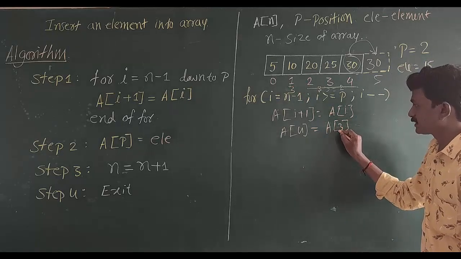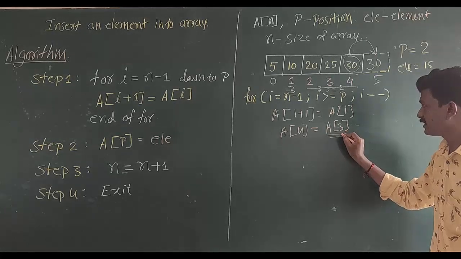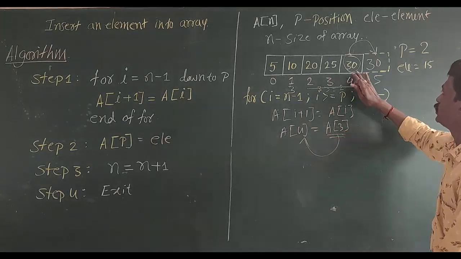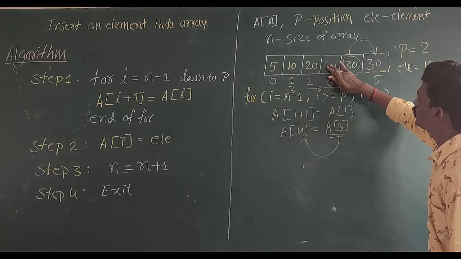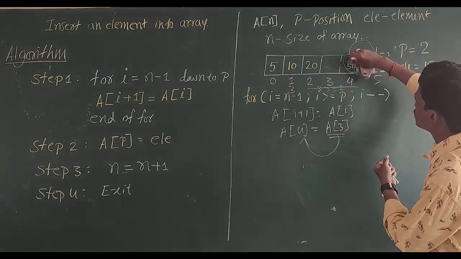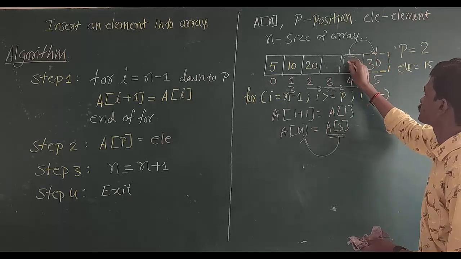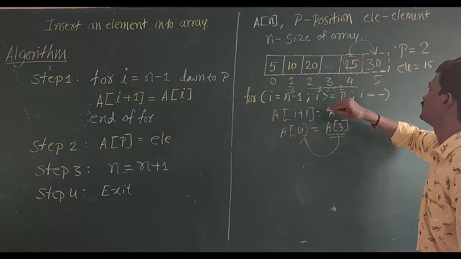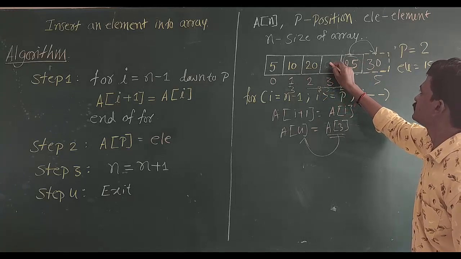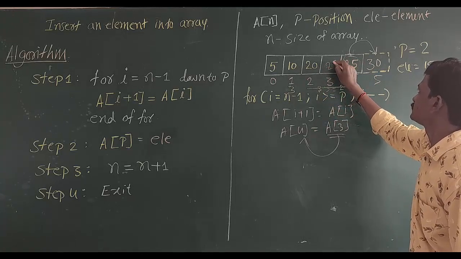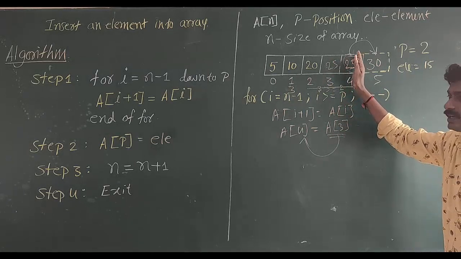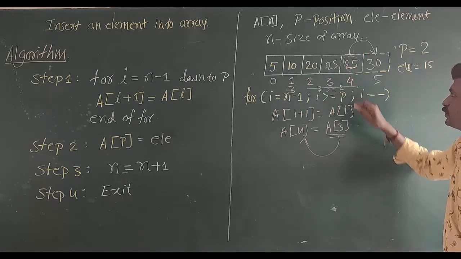So the content of A of 3 should be assigned to A of 4. Now A of 3 is 25, and 25 is assigned to the 4th index.